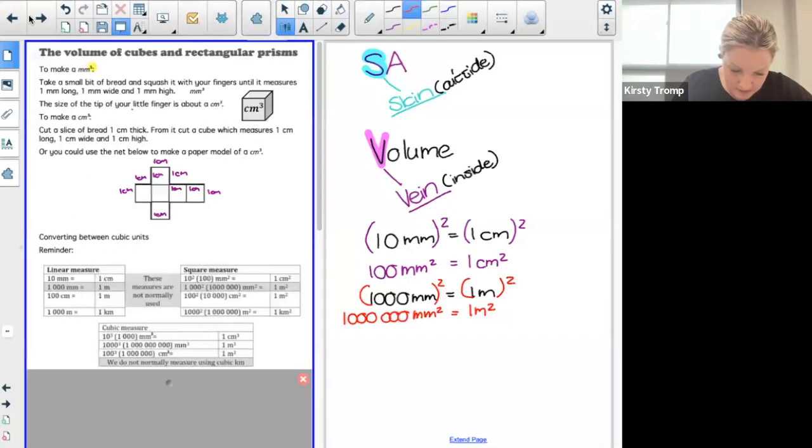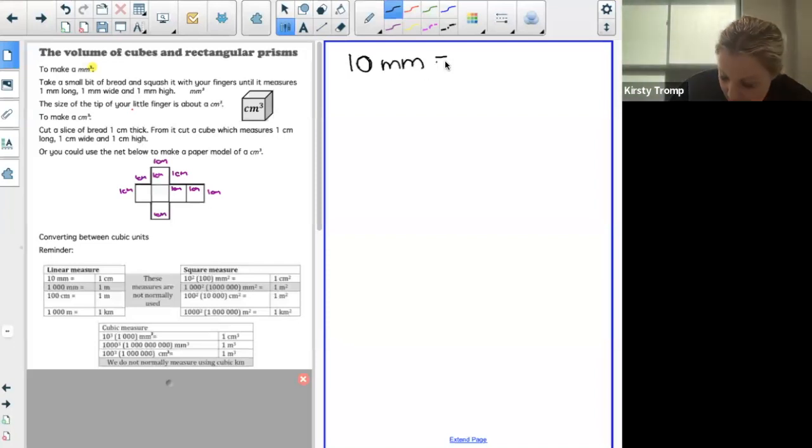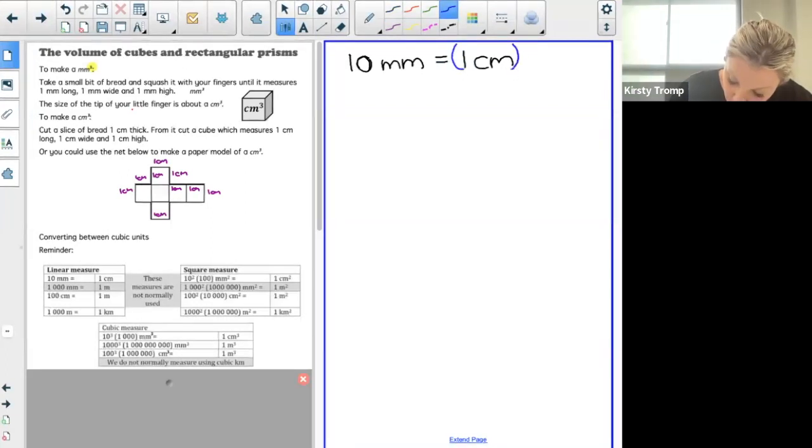All right, let's add a page here for you guys. Okay, so what they're saying to us is, if we had 10 millimeters is equal to 1 centimeter, and we wanted to cube it now. Whatever I do to the one side, I must do to the other side. So what does it mean when I want to cube something?